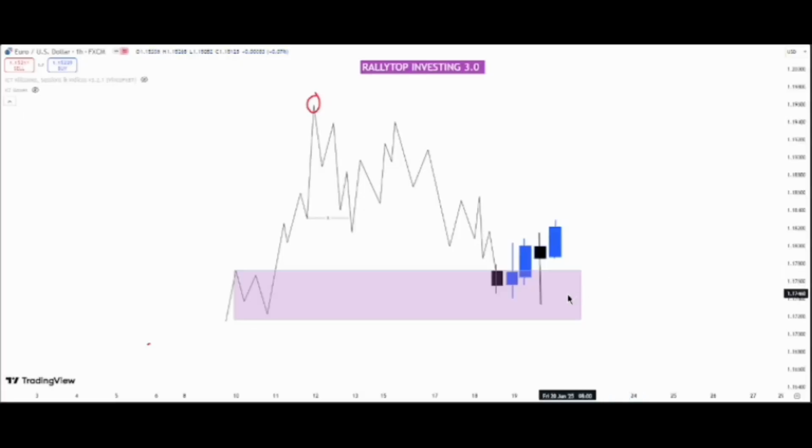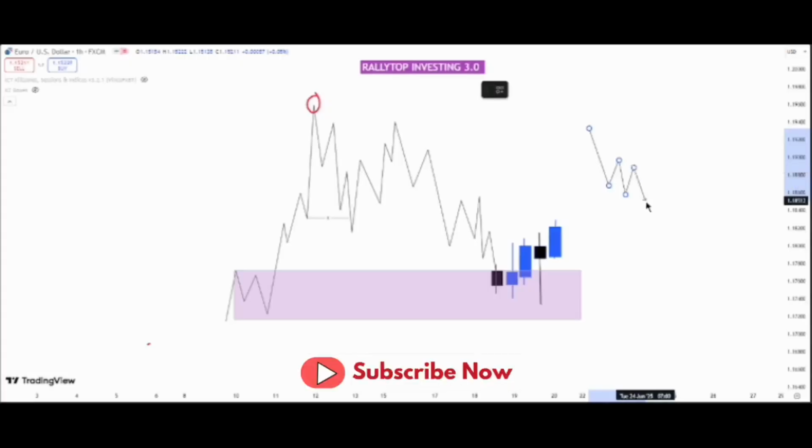Now here we are taking a direct entry, and one thing I want you to observe is that whenever you see price coming down into an area of interest such as this, and then it pushes up backward, okay, and maybe takes out the high or not takes out the high, but it has a valid pullback and then comes back down.